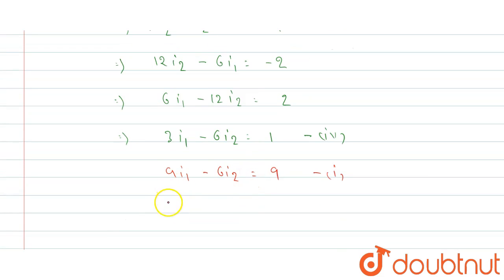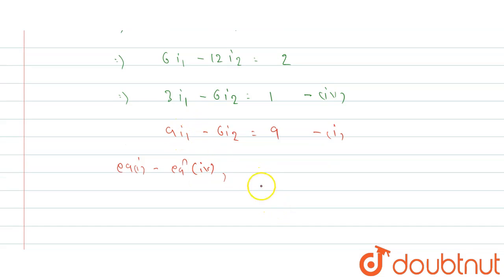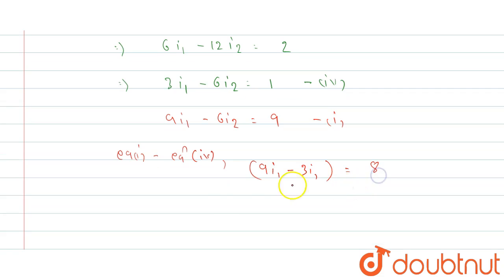That implies, students, if we subtract equation 4 from equation 1, that is 9I1 minus 3I1, and, students, minus 6I2 and minus of minus 6I2, these two will be cancelled out, and we will get this is equal to 8.